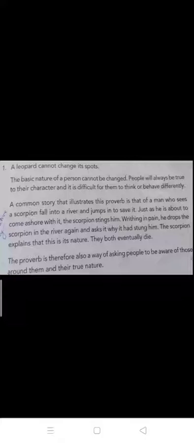So here the first paragraph, a very short paragraph, is the introductory paragraph, which straight away gives you the meaning of the proverb. The second paragraph gives an example, another story, which illustrates this, and the conclusion gives a moral.